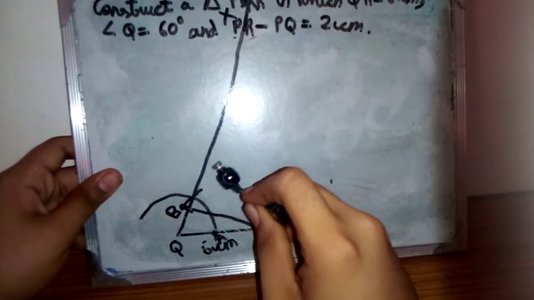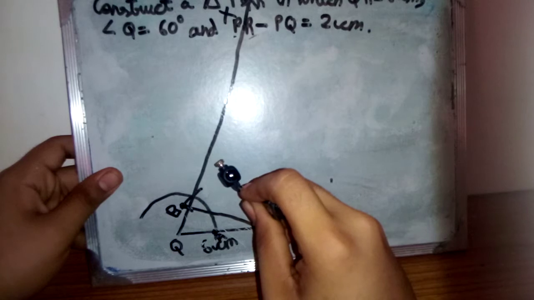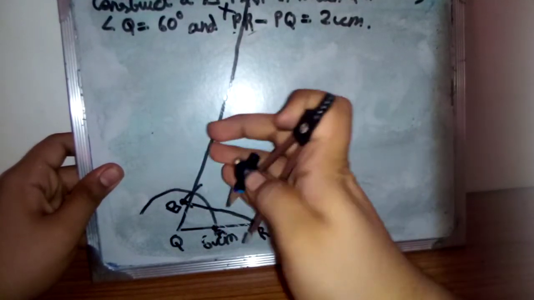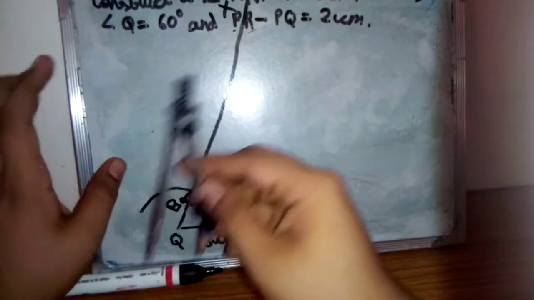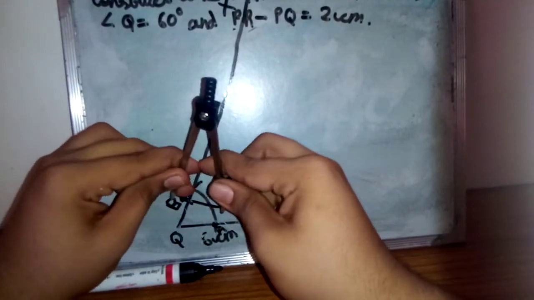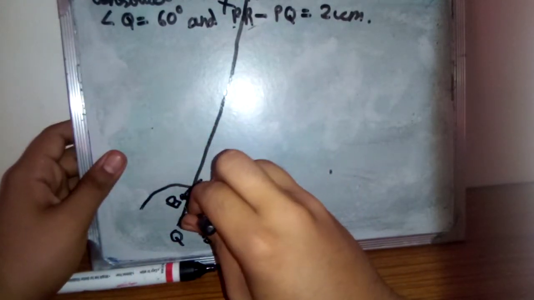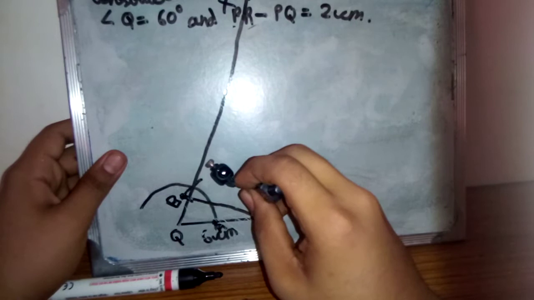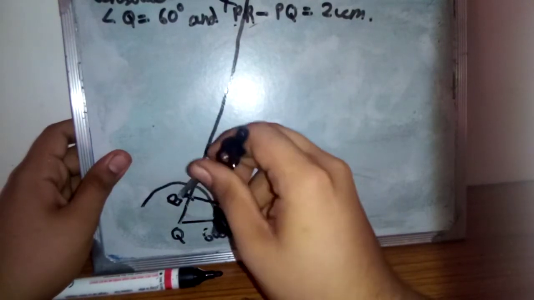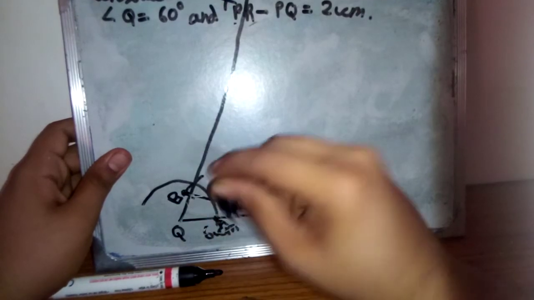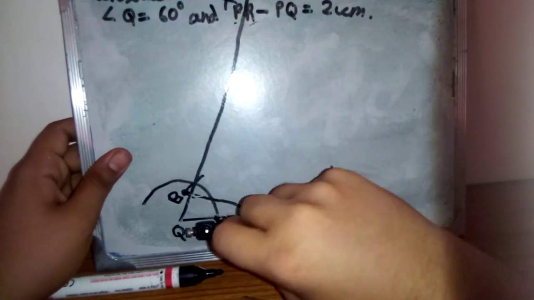Then keep your compass at point R, with the same radius, more than half BR, and make an arc here and here, and the same in the downward direction also, here and here.